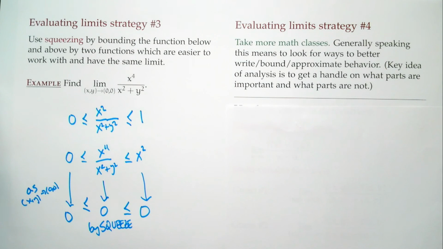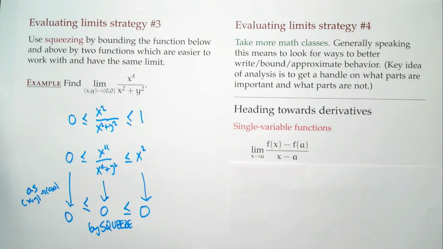Once we have limits, let's think back to Calculus 1. What was the next thing we did? Derivatives. So we want to take a derivative. Let's think about how we can get a derivative. So here's the single variable definition: limit as x goes to a of f of x minus f of a over x minus a.